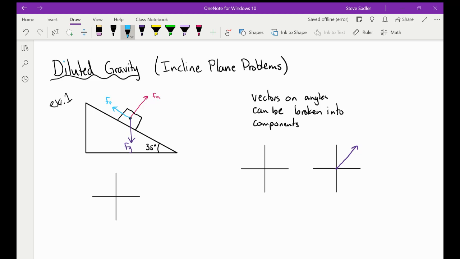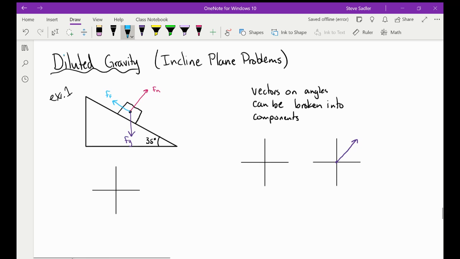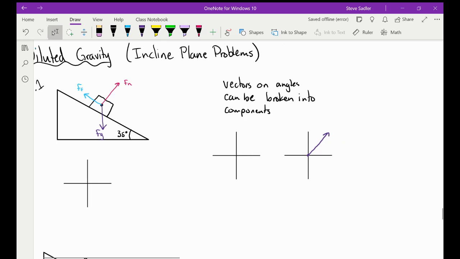The challenge with these questions is that we have forces at weird angles. So if I were to draw these forces over here on this graph, I've got an X, Y set up here. You can see that friction's at a weird angle and normal force is at a weird angle.